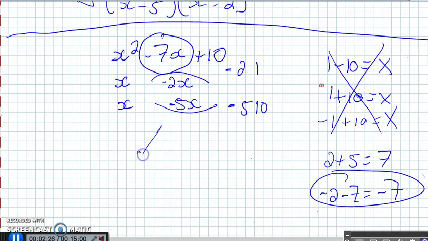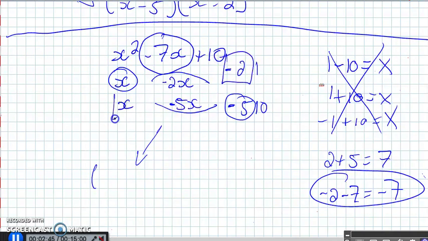Make it more clear. So your final answer will be, you take the diagonals. It's not something you would think of, and it makes it a bit more complicated, but that's how you formulate your answer. So you take this one and the negative 5, and you take negative 2 and x.